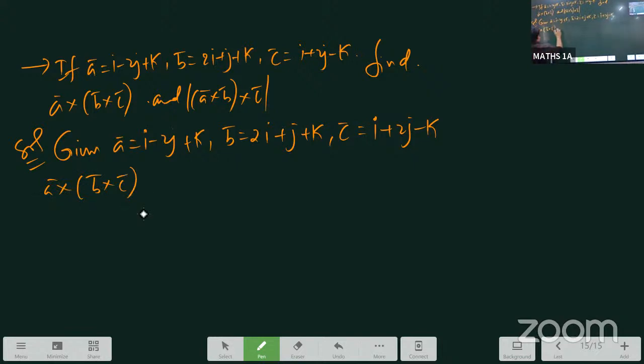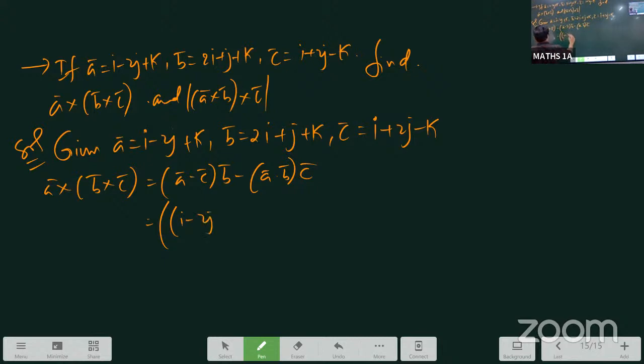That I am going to write again using the vector triple product definition. A bar dot C bar B bar minus A bar dot B bar C bar. Same. Just now we did one sum, same approach, but there are two different sums, and these two different sums you are going to do. Is it clear? That is, what is A bar?